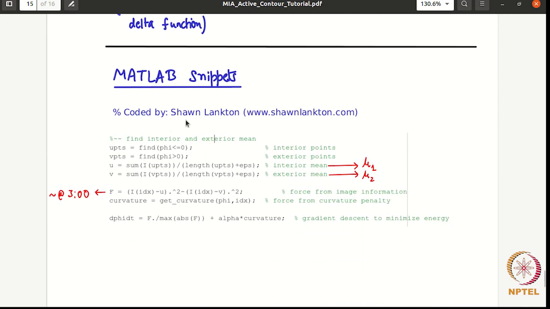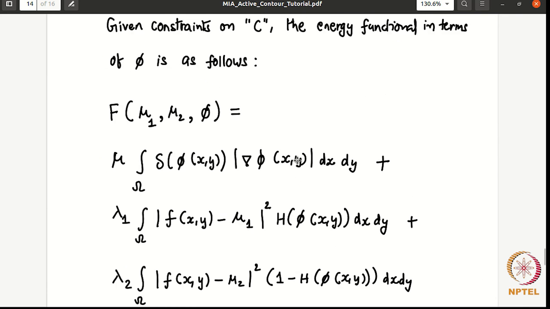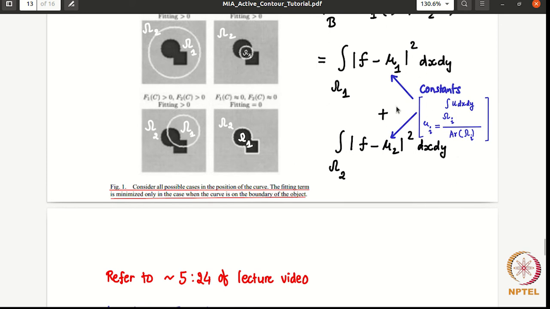This code is by Sean Langton, and it is available in MATLAB Central. In this snippet, with the help of level set, we first find the interior points, then exterior points, and then calculate the mean of these points, U and V. This is basically mu1 and mu2 in our expression here.